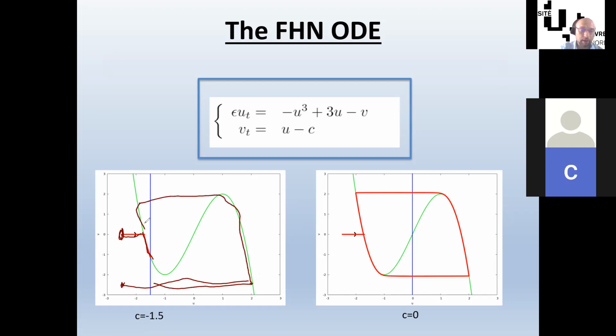So here the U makes an action potential, right? If I manage to bring the solution here, it doesn't just come back, it goes there. So it's excitable, right? We have already discussed that.